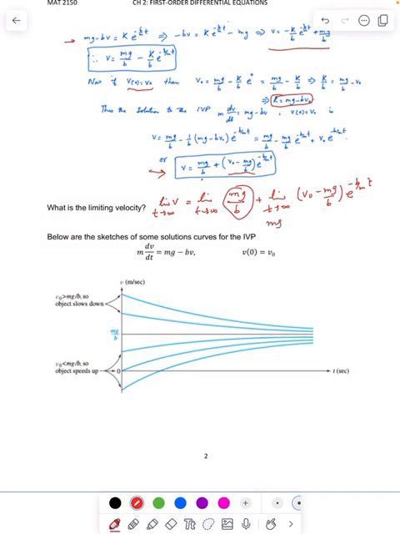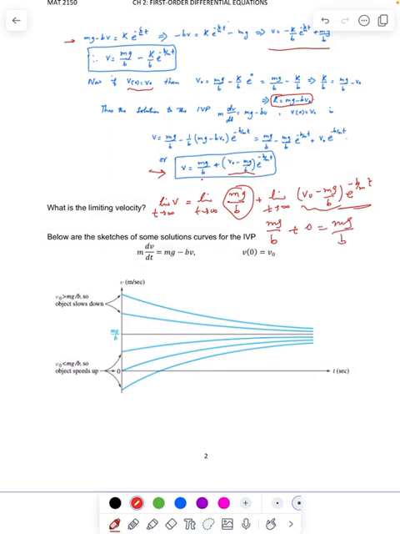We get the same value back. But now when we look at the next term, this is a constant, so that will stay, but a limit will be applied to this, and the limit as t goes to infinity of that quantity is 0, so that we end up getting just mg over b.